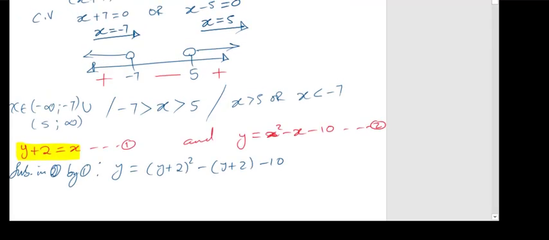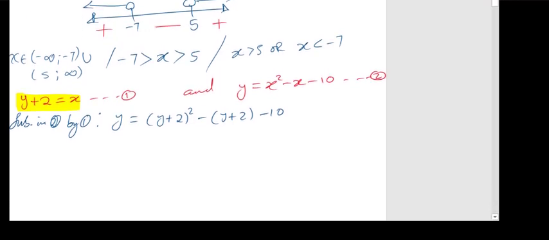Okay. And then let's proceed. Then expand: we have y squared plus 4y plus 4, minus y, minus 2, minus 10.